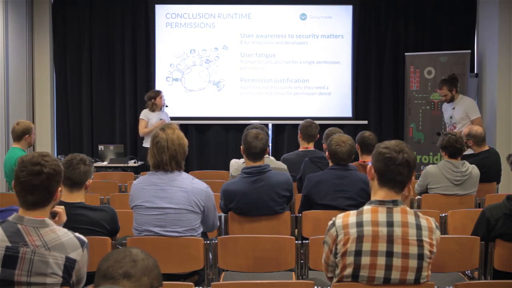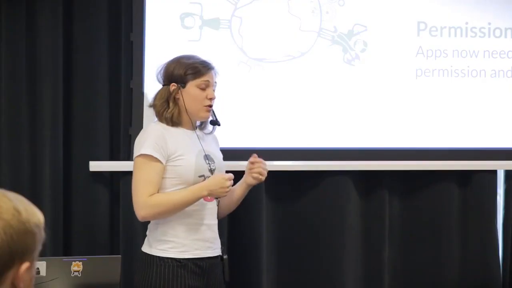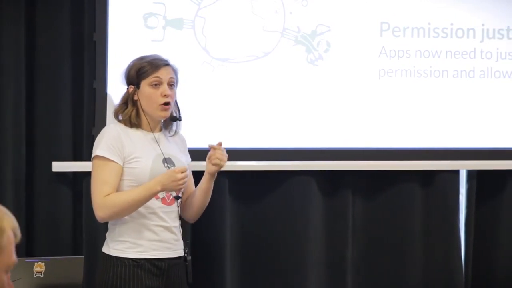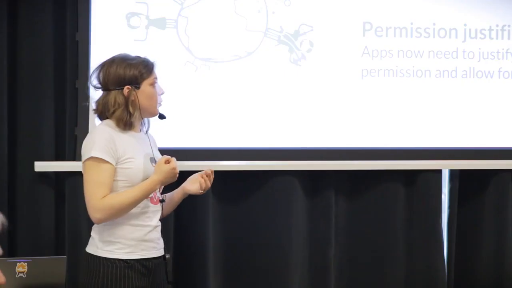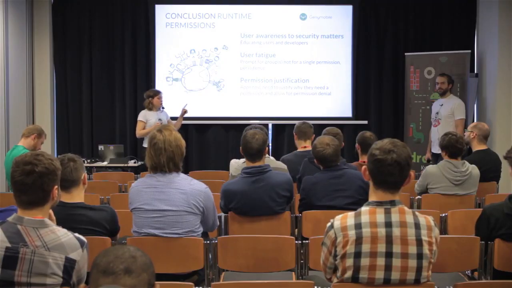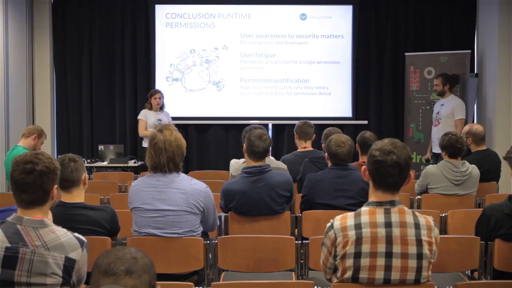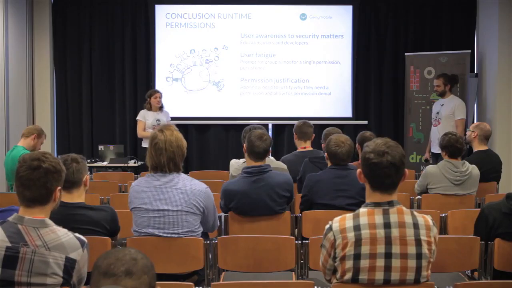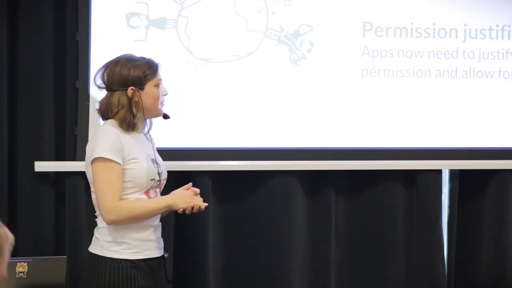Because of the persistence, it avoids user fatigue in your application. But what you also need to do is justify the need for the feature. Then your user will understand what he's doing in your application and what happens if he denies it. And you need to support permission denial, and your application must not crash. If the user refuses to give you the permission, you need to inform your user, say, okay, you said no, so I can't give you access to this feature. That's your role, that's your job, if I can say.